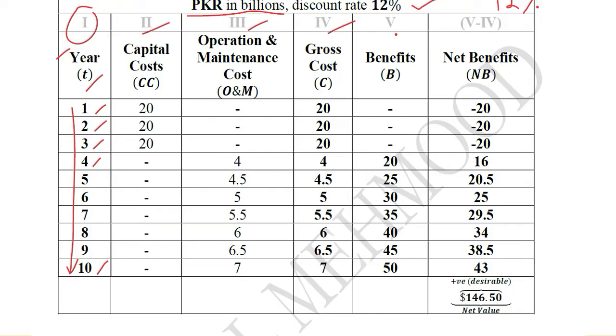The first element is of capital cost, and the second element is of operation and maintenance cost. I'm saying element because these are two possible components of the cost, and the first one is represented with acronym CC, and the other is represented with O&M.